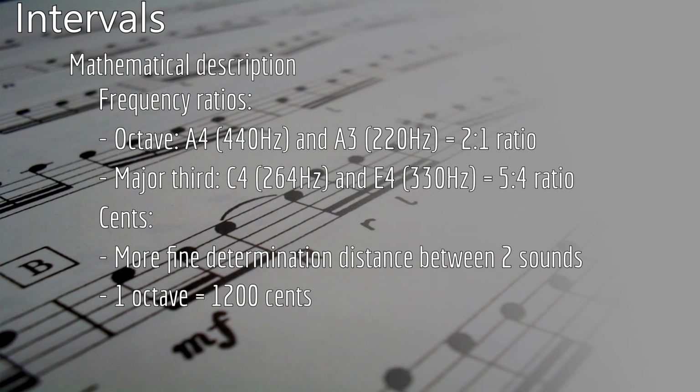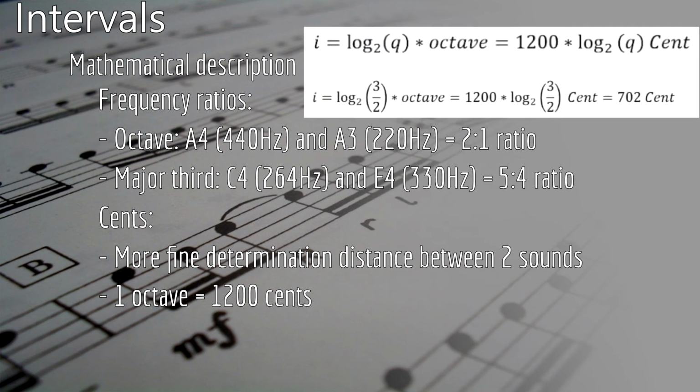And there is also a formula to really determine the cents for a specific interval. And it is I equals the log to the base of 2 from Q times the octave. And in this formula, Q means the frequency ratio of an interval.